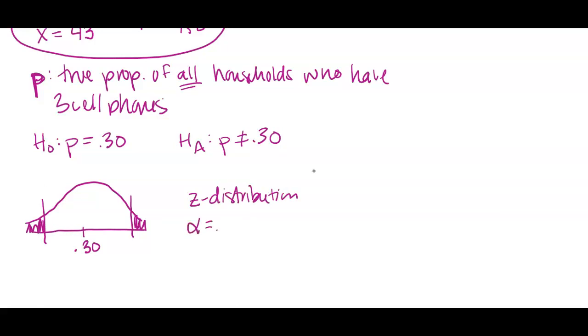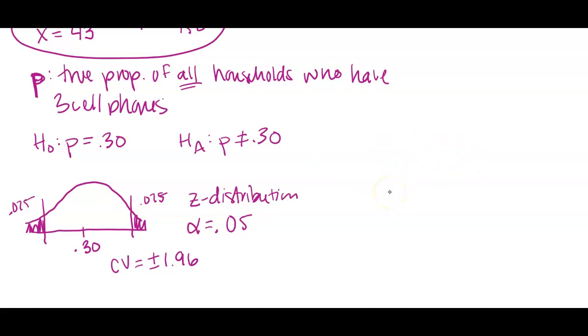And I'm going to use an alpha level of 0.05. When it's not given, that's just what we do. But we have to split up that significance level into each one of our pieces here, which means our critical value is, much like the confidence interval critical value, plus or minus 1.96.